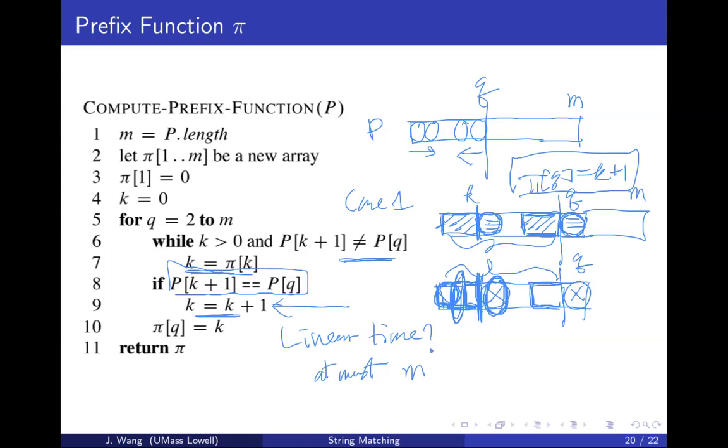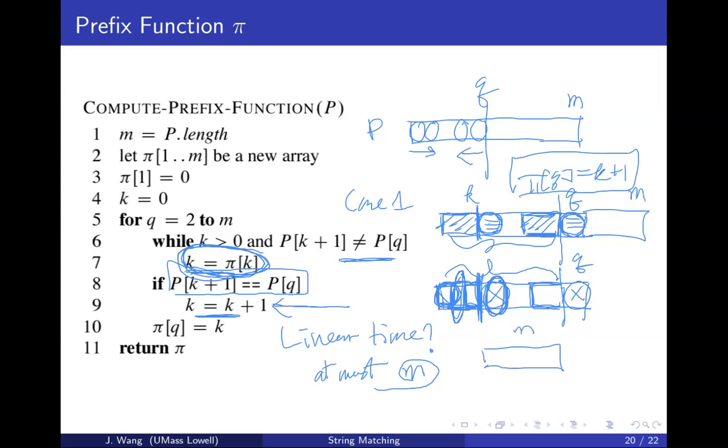But then you also have a decrease. K could also be decreased from this step. But it can never be negative, and that is important. So you can increase at most m times, each time by 1, which means the increasing portion is only this much.